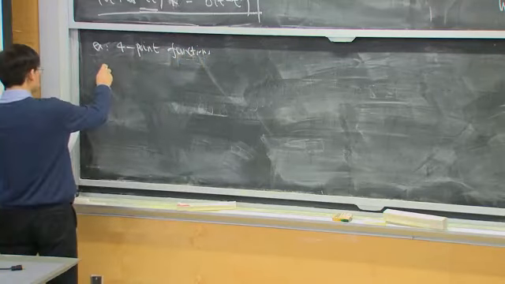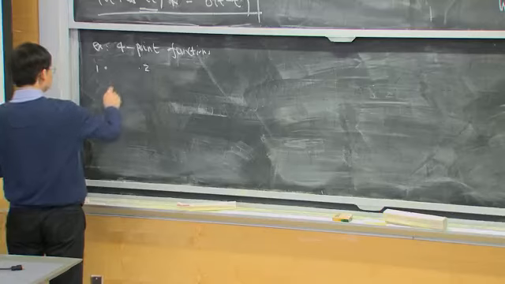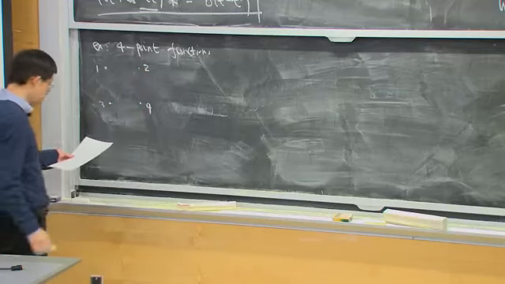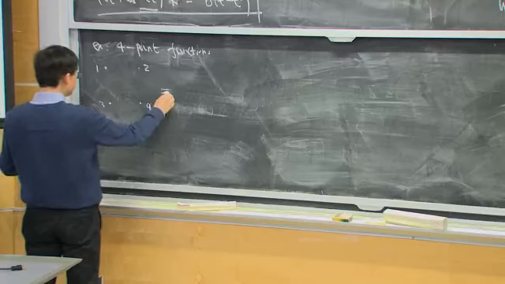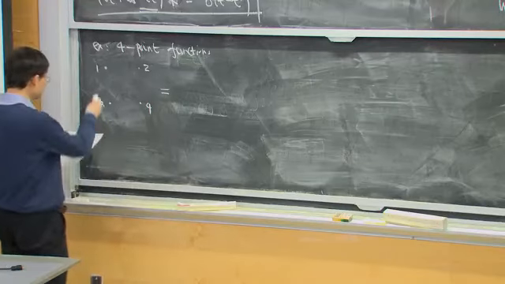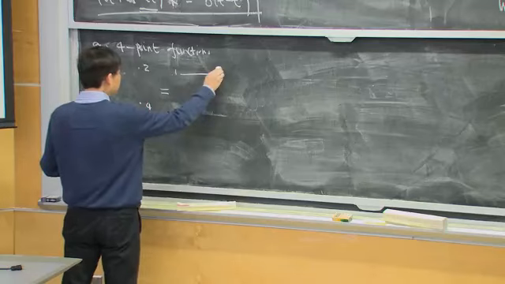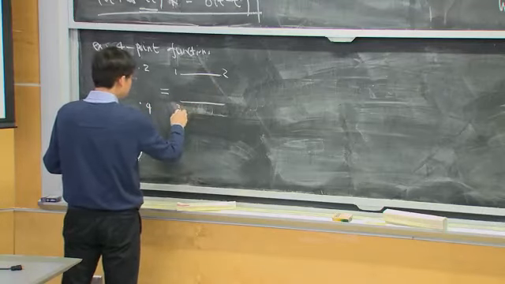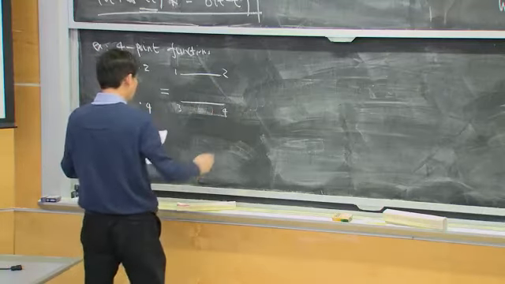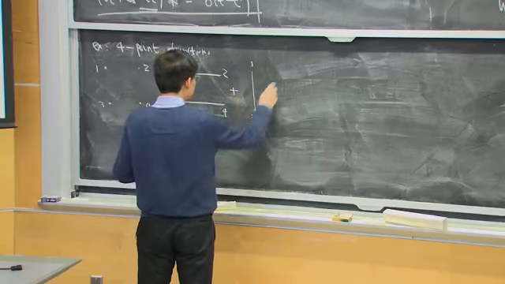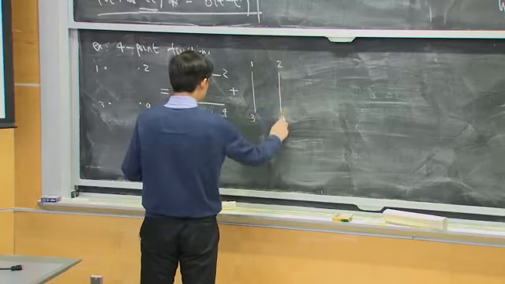Let's just draw 4 dots corresponding to the 4 points. And then I just sum over all pairings between them, and each pairing will give me a Feynman propagator. So I can pair 1 and 2, and 3 and 4. And I can also pair 1 and 3, and 2 and 4.